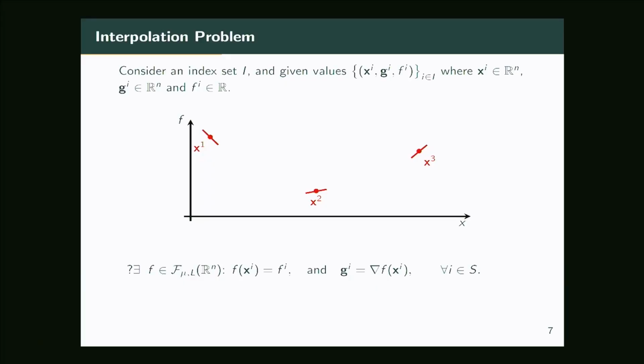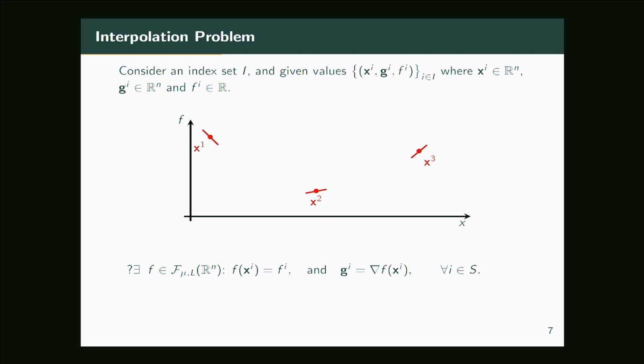So the idea is that we are given an index set, denoted by I, and some data triples. So we're given some vectors xi, some more vectors gi, and some scalars fi. And basically we are asking if this data corresponds to a function from the class that we're interested in.